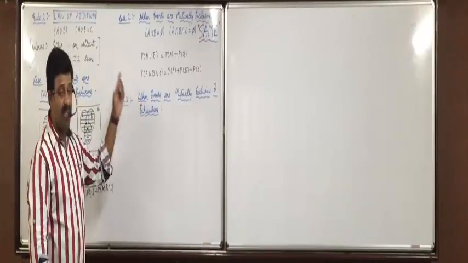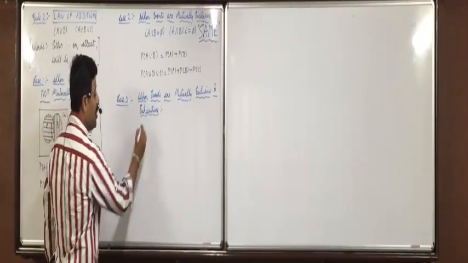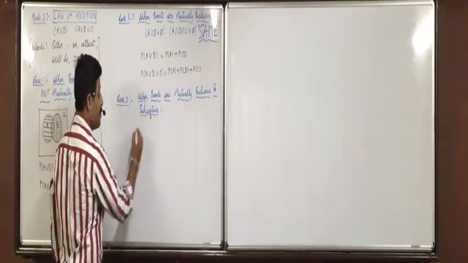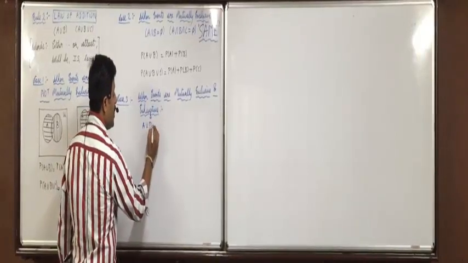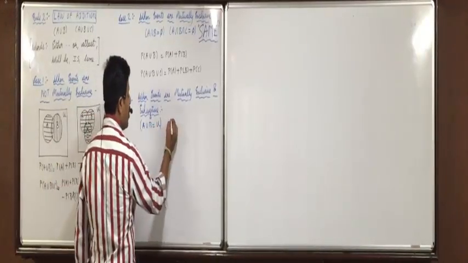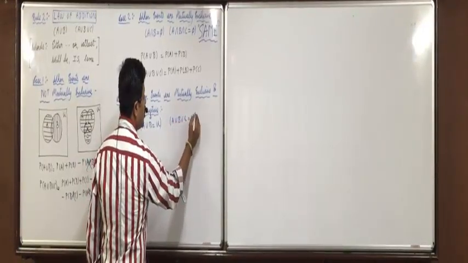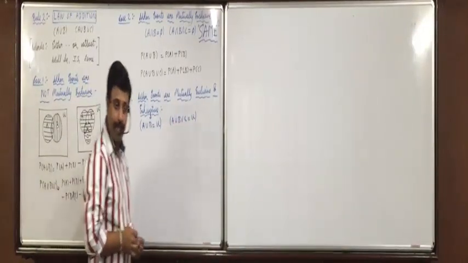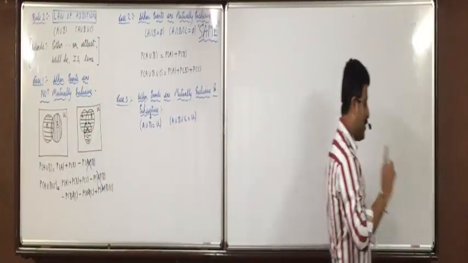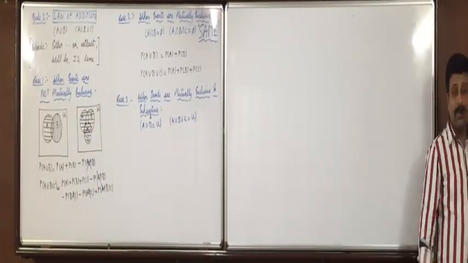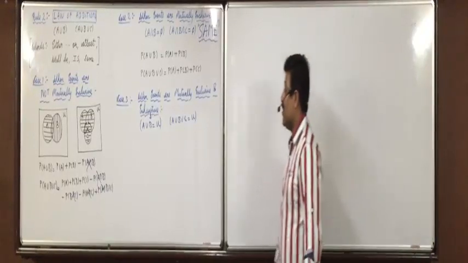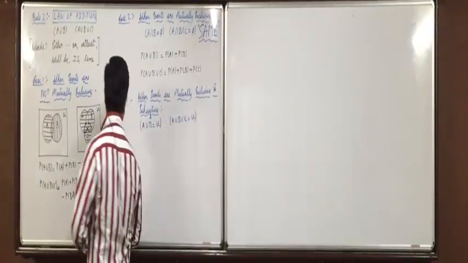Now mutually exclusive means intersection is null set. Now what do you mean by exhaustive? A union B equals sample space, or even A union B union C equals sample space. Understood that, everyone? That we studied earlier: the main characteristic of exhaustive events is that union is equal to sample space.